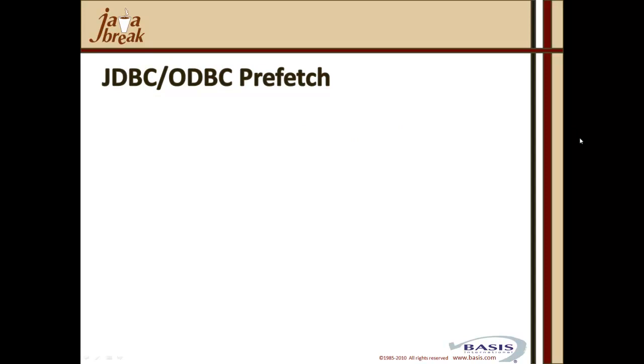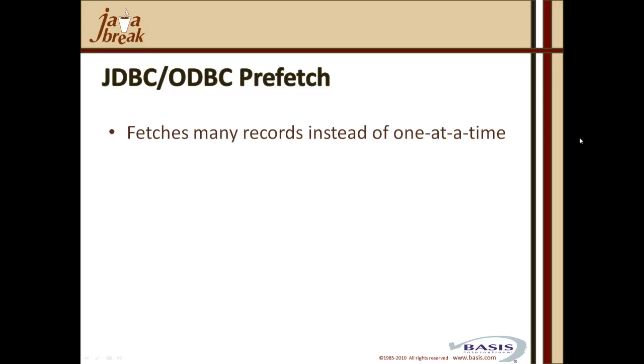But another aspect of the configuration that you need to bear in mind is the JDBC ODBC Prefetch setting. What that determines is how many records are fetched in a particular connection to the database, in a particular read. So if it's set to 1, obviously it's only going to fetch 1 record at a time. And that will reduce the network round trip dramatically if you're fetching more than 1 record at a time.